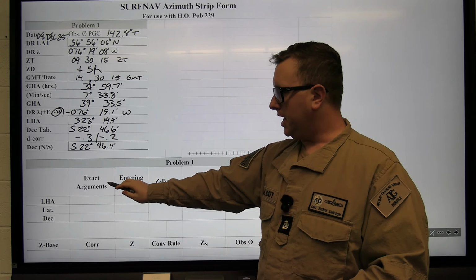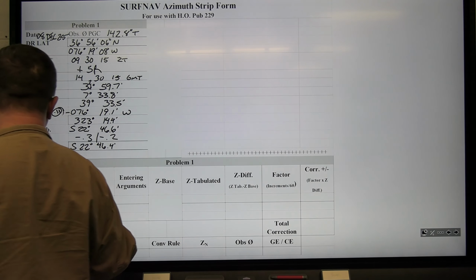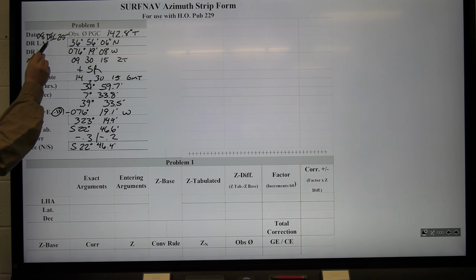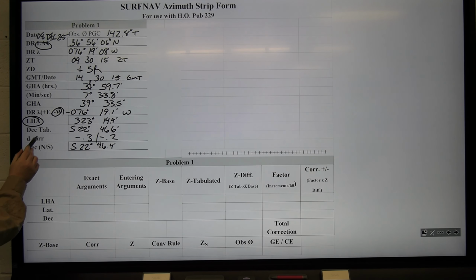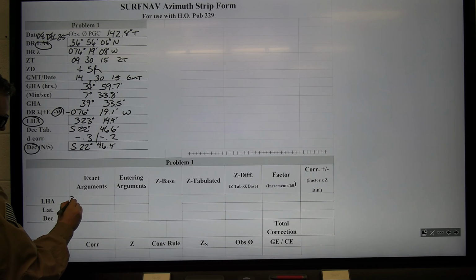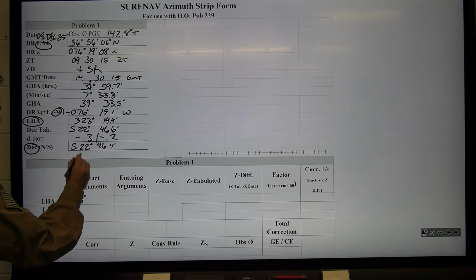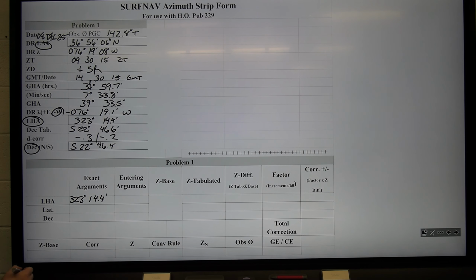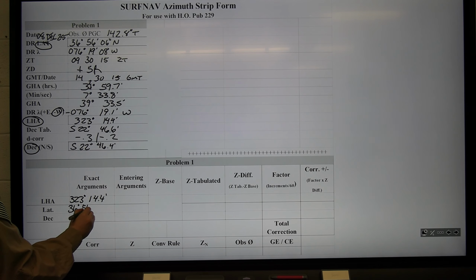Now it's asking for the exact arguments. We're going to actually get LHA, so I'll circle this one, our latitude, and our declination. And write them exactly what it says up here, down here. So LHA, 323 degrees, 14.4 minutes. Latitude, 36 degrees, 56.06.